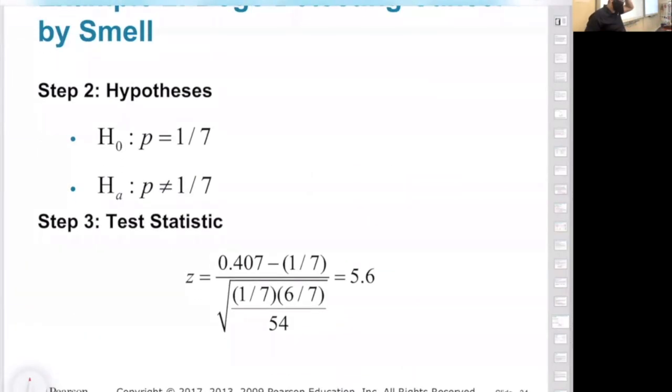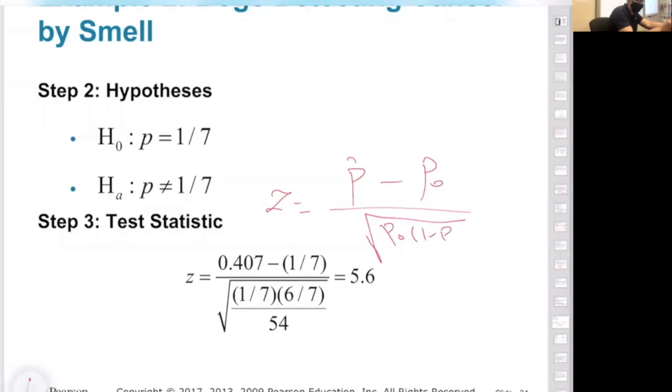The test statistic, we already know it. To remind you, it's p hat minus p naught divided by the square root of p naught times 1 minus p naught divided by n. So p hat, we already calculated it. p naught is 1/7, and 1 minus p naught is 6/7. n is equal to 54 from the question.